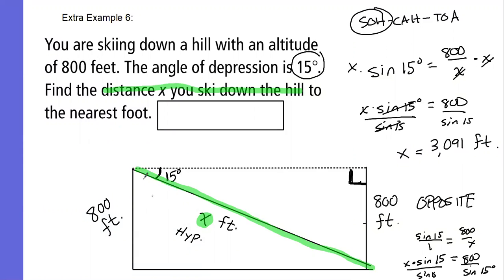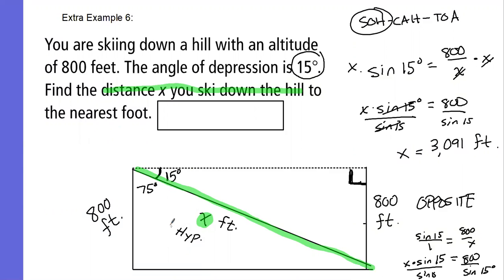Now, the other thing that could have been done here, you wouldn't be using the angle of depression 15, but you can use it to get this angle right here. This is going to be a right angle, because this is a vertical line and my horizontal is horizontal, so that makes a 90-degree angle. So 90 minus the 15 would be 75.